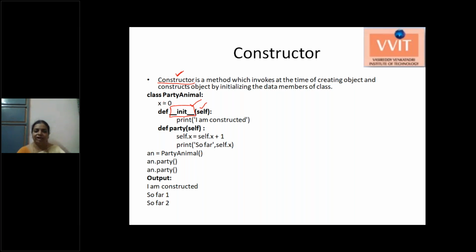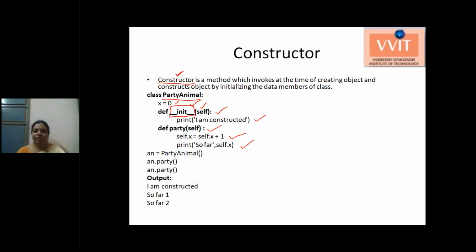In the same example, here again we are using the PartyAnimal class. x is a variable which is initialized with 0, and init is the constructor, with two underscores, init, two underscore symbols. Here we are showing a message, I am constructed. Again we are writing the same party function, incrementing the x variable and displaying it.